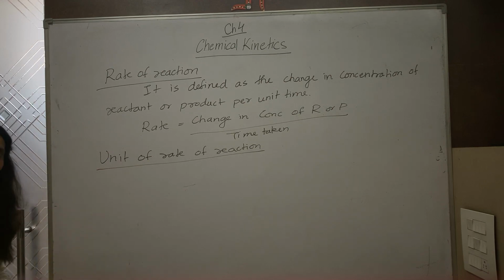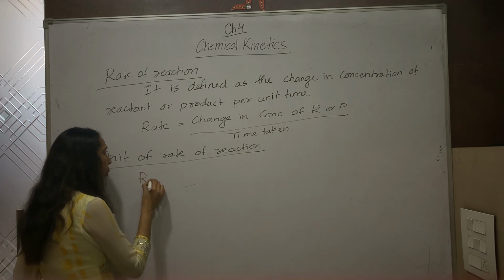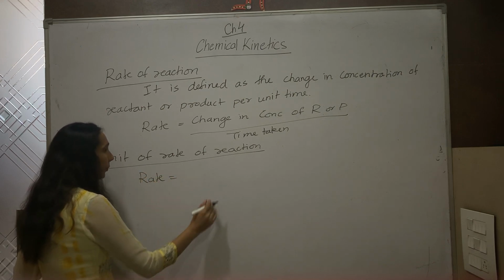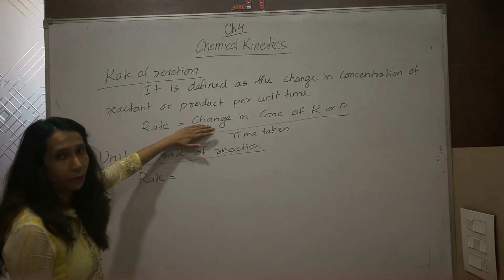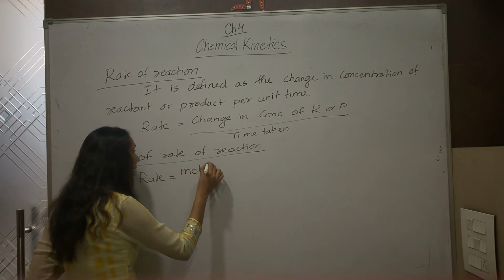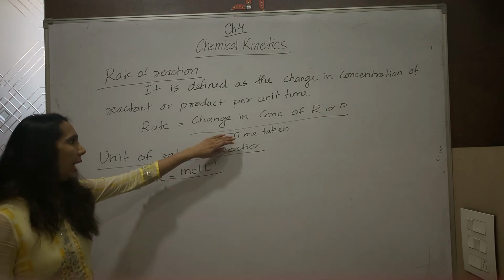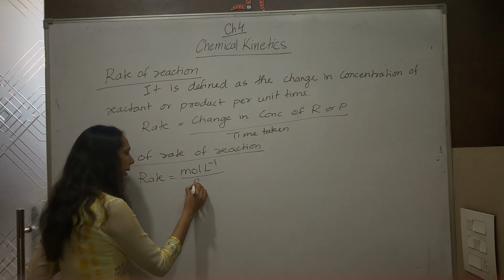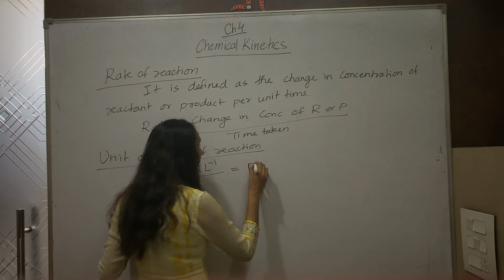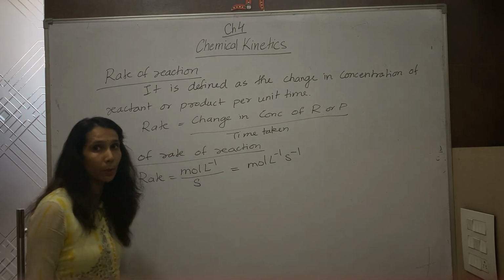What is the formula for rate of reaction? Change in concentration of reactant or product upon time taken. Concentration is measured generally in mole per liter, that is molarity, and time in seconds. So the unit is mole per liter per second, most commonly used.